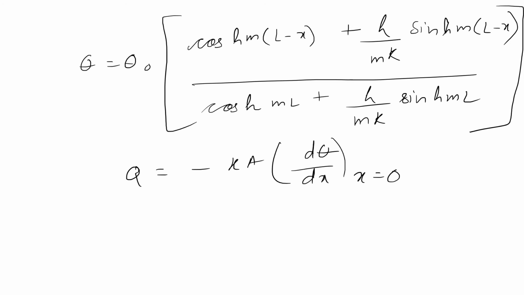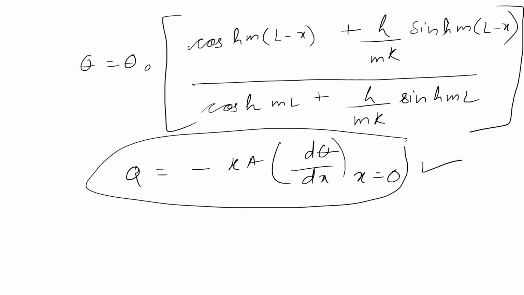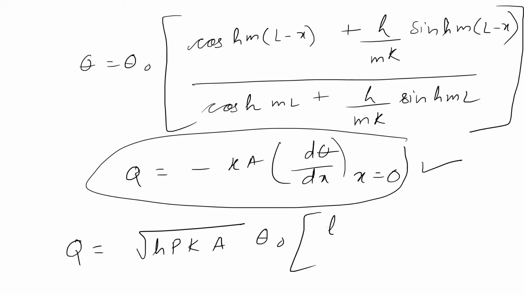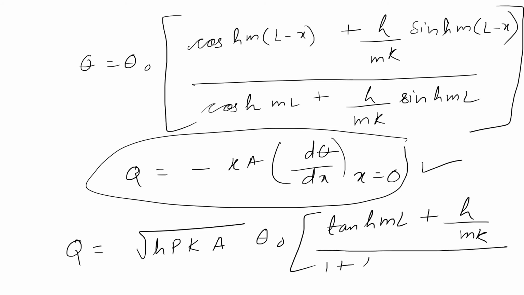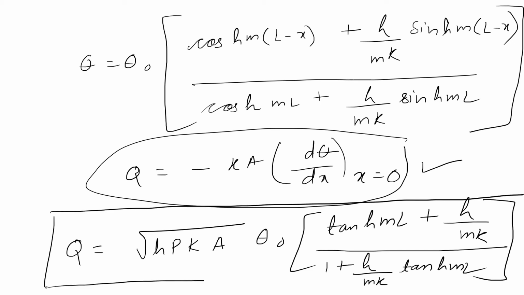By putting the above in this value, we get the heat transfer rate Q as under root h p k a theta naught multiplied by tan hyperbolic ml plus h by mk, by 1 plus h by mk tan hyperbolic ml. So this is our required equation.